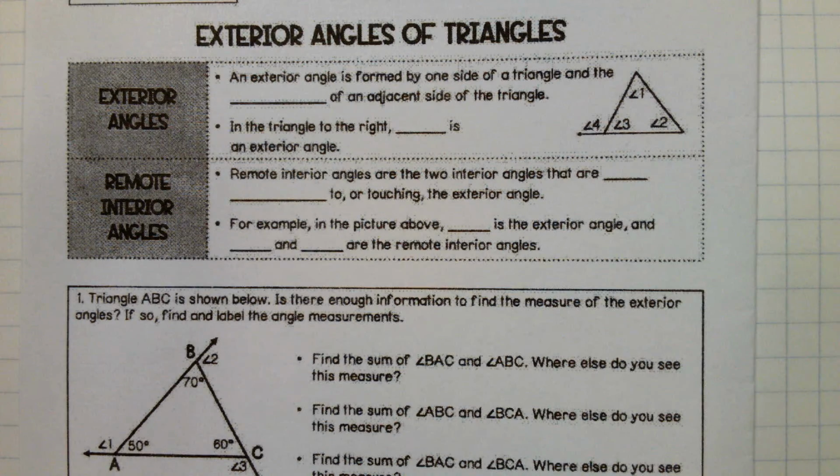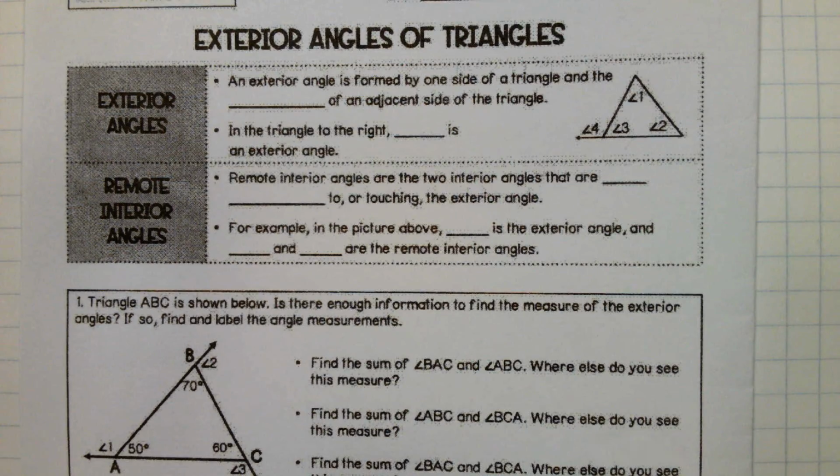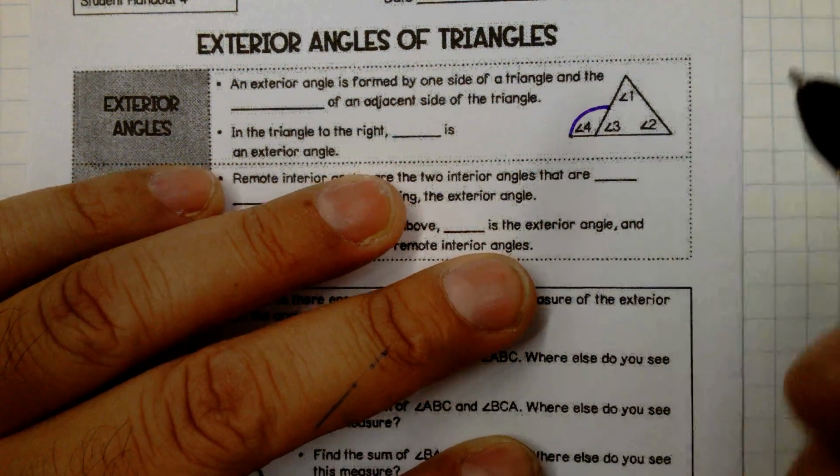Okay, so exterior angles of triangles. I want you to look at this diagram and let's go ahead and define what exterior angles are. So the exterior angle is this angle 4 here.